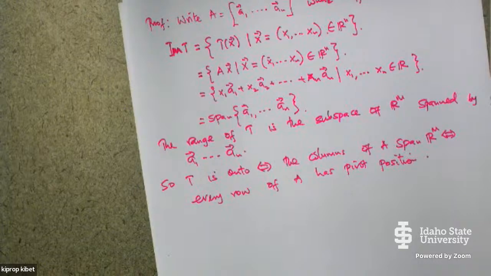So if every row of A has a pivot position, then it means there are no free variables. Each of the rows should have a pivot. If it does not have a pivot position, then it is not onto.